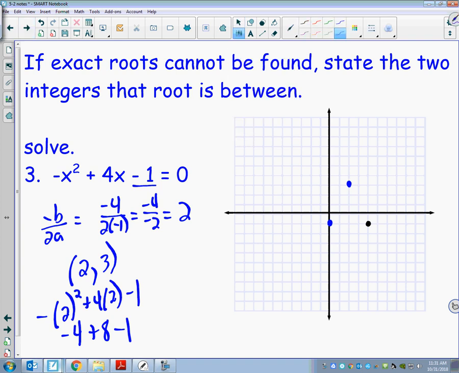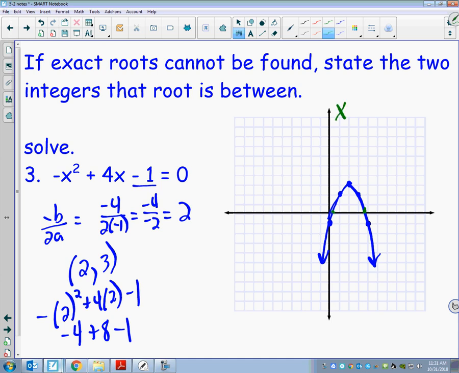I like the 1, 3, 5 rule, where I would go over 1 like this, and then over 1, down 3. It gives me a better way to draw my graph. But looking at this, it doesn't cross at a nice point, right here and right here. I don't know what that is, so I have to just give an estimate right now.